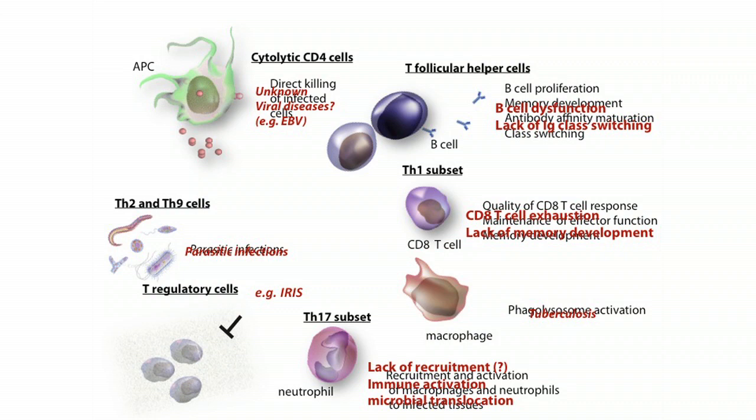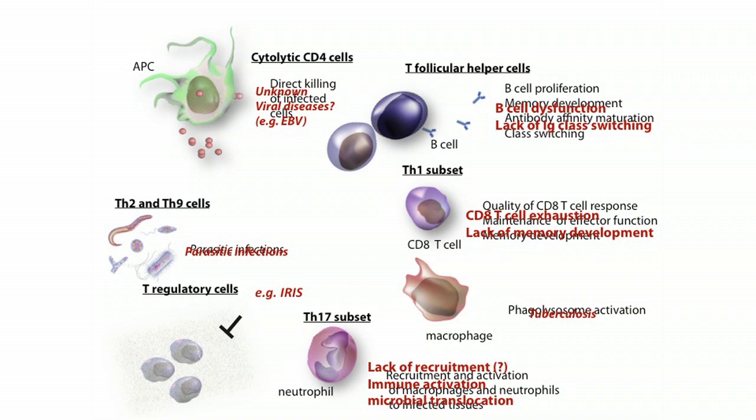So the Th17 cells are important to recruit neutrophils and macrophages towards the infected tissues, the T regulatory cells are rather dampening the immune responses and are important in the autoimmune field, and the Th2 and Th9 cells are critical for the control of parasitic infection.